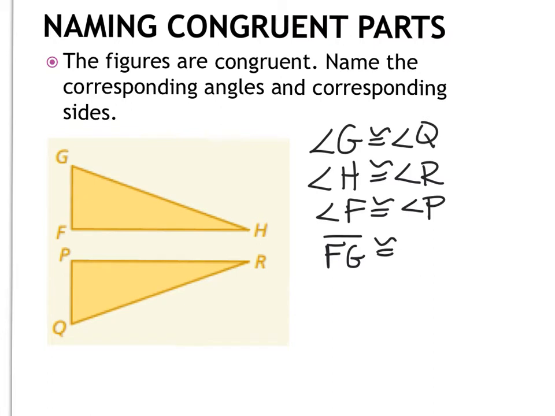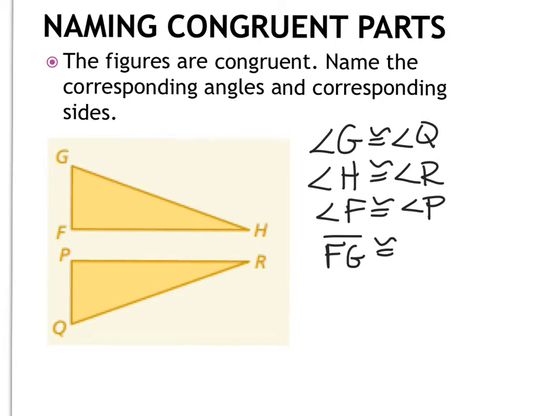And when I match it with the other triangle, I need to pay attention and say, okay, F corresponded and was congruent to P. So that's what I need to say first, since I started off with F in my side. And then G is corresponding and congruent to Q. So I need to make sure that I go FG is congruent to PQ.